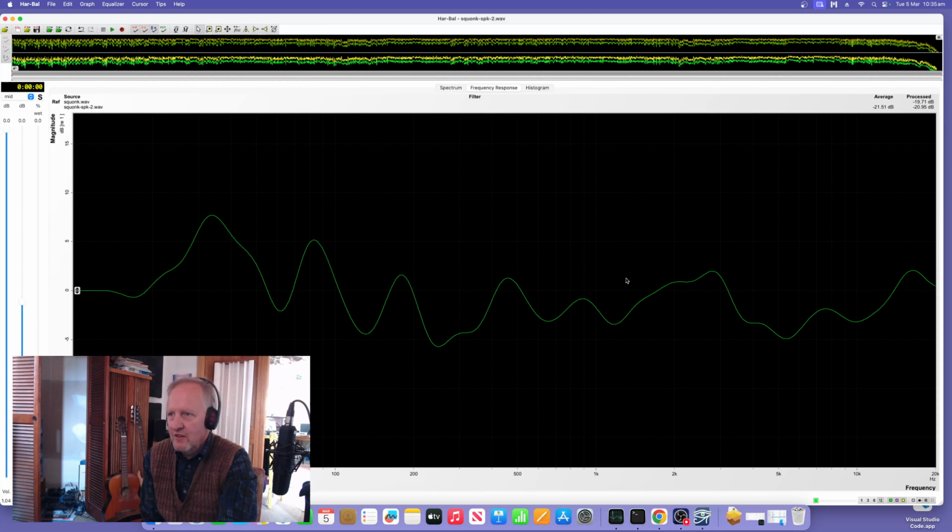Well, not exactly. There's minor differences, but you can expect that there will be slight differences, because the reason why you would get slight differences between the two is because music is not a completely solid spectrum.